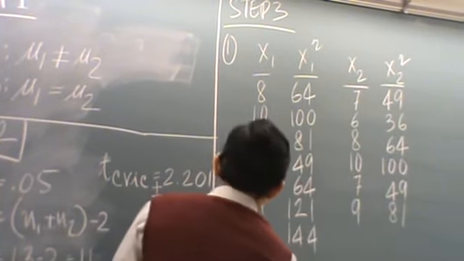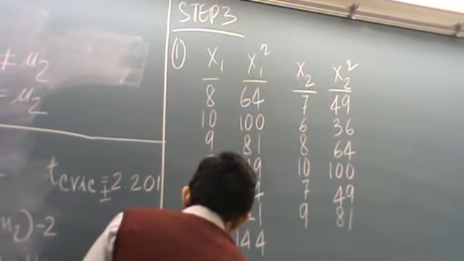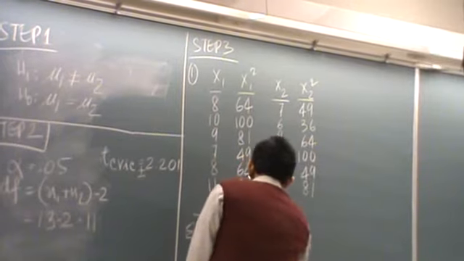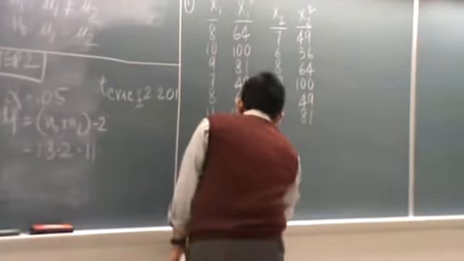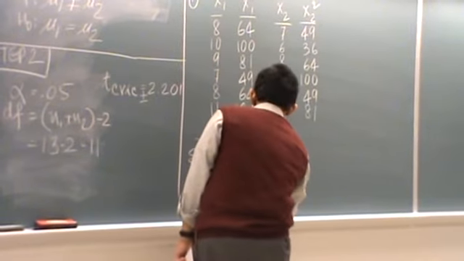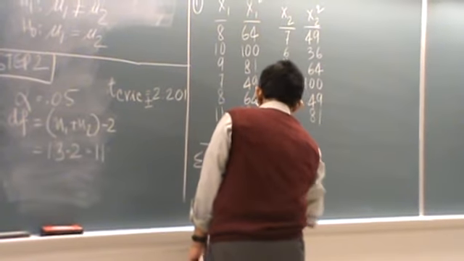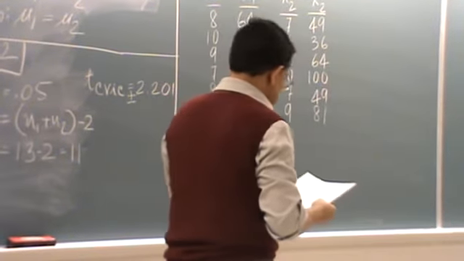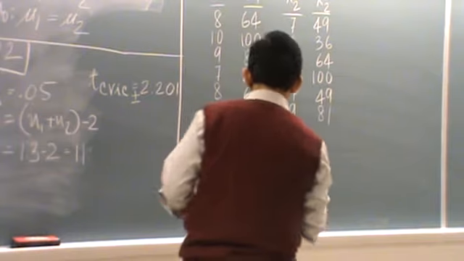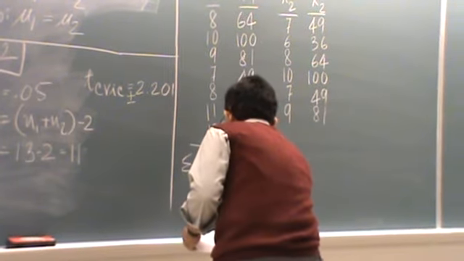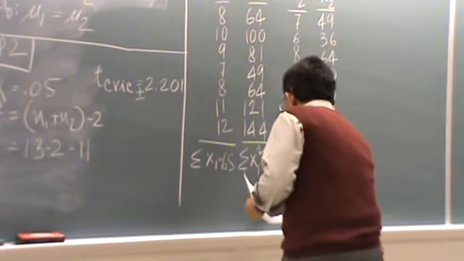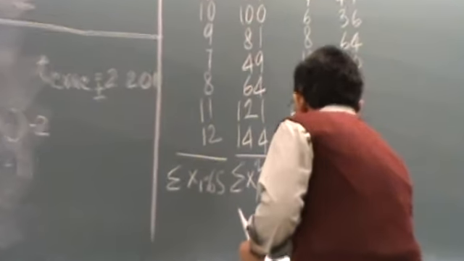Once we are done with these, then we will write sum of x, and then this one will be sum of x1 squared, and this one we have 65. This one we have 623.